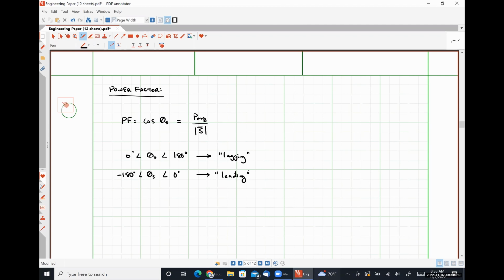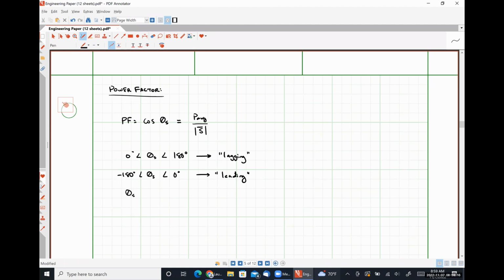Power factor is related to whether or not the current is leading or lagging the voltage by the angle theta I, or theta s, okay? So a couple of things to point out here.